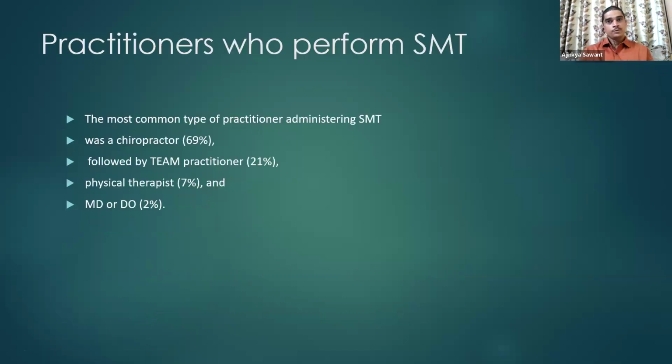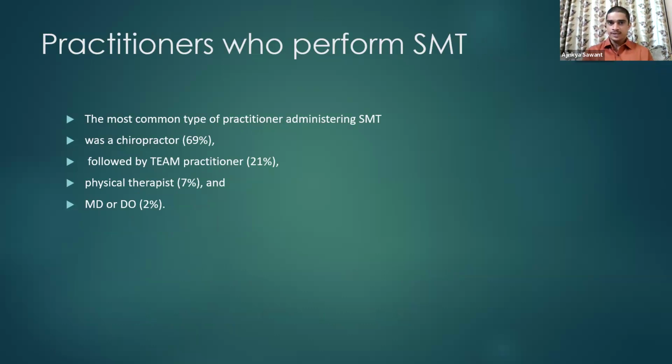Practitioners who perform spinal manual therapy: the most common type of practitioner administering spinal manual therapy was chiropractors. They do manipulative treatments post surgery also. They do crack the segments post surgery also, followed by trained practitioners. Physical therapists, and MD and DO, are the least to perform the thrust techniques.